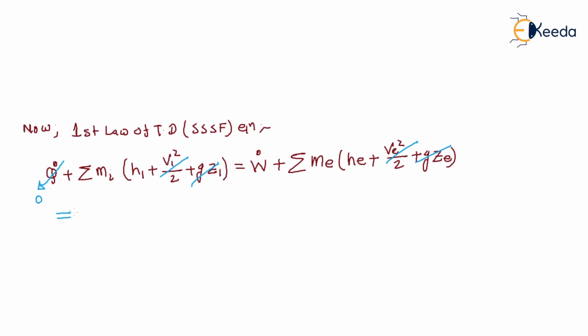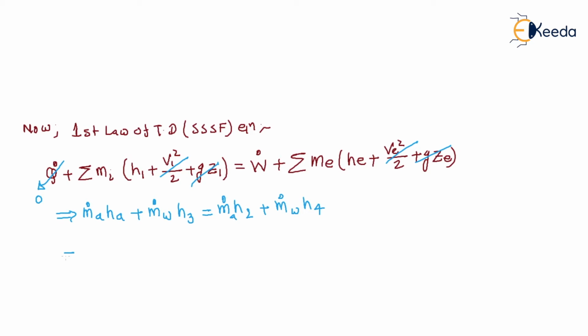So what is in here? Mass of air times enthalpy of air in, plus mass of water times enthalpy of water in, is equal to mass of air times enthalpy of air at exit plus mass of water times enthalpy of water at exit, right? This is your equation.